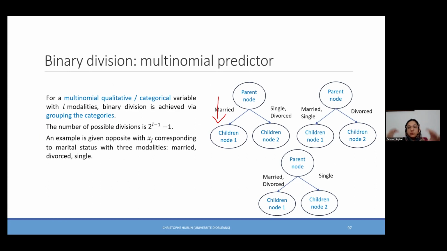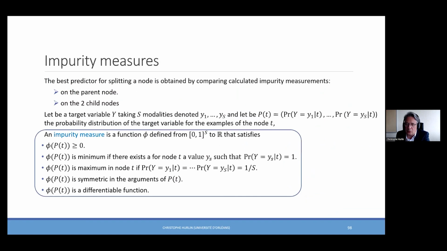We compute an impurity measure at this level, and the goal is to minimize the impurity, or to increase the decrease in the impurity between the two stages. It's difficult to say an impure variable.